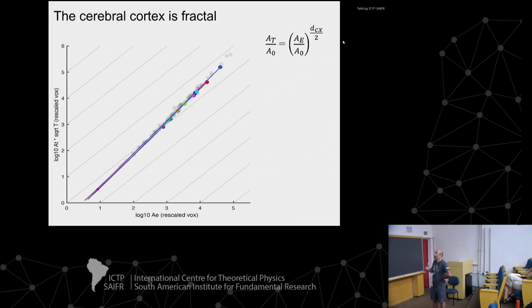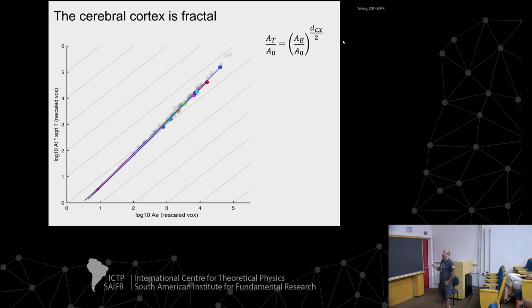How so? Well, because the fact that these lines are straight means that these are self-similar objects. That a melted cortex of a human looks like the big cortex of a human with the details removed by the same scaling laws. And that a melted cortex of a human looks like a chimpanzee cortex. And that a melted cortex of a human chimpanzee, at the proper scale, looks like a baboon cortex.